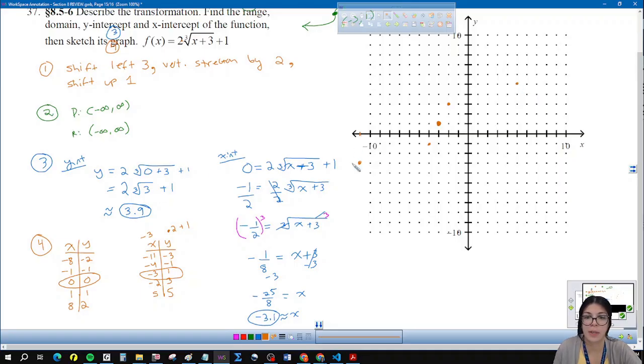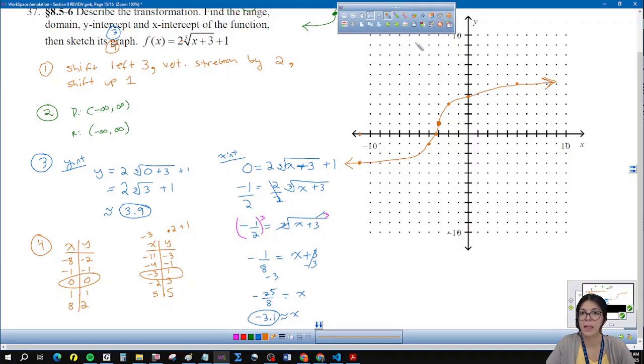Since we also have the intercepts, we can plot those, so 3.9, so close to 4 on the y-axis, and negative 3.1 on the x-axis, so a little over the negative 3, because negative 3.1. Okay, plot all those points and connect them with a nice curve. There we go.